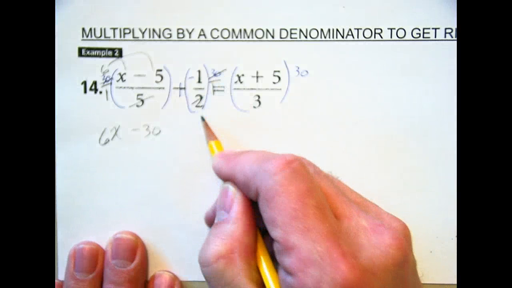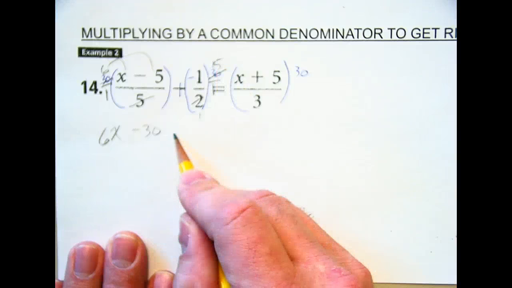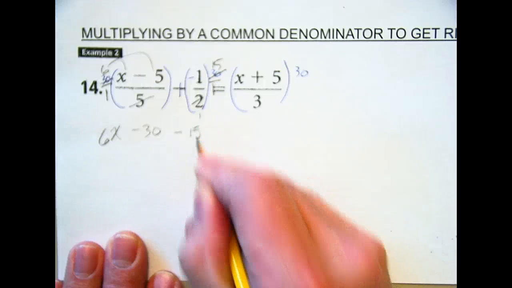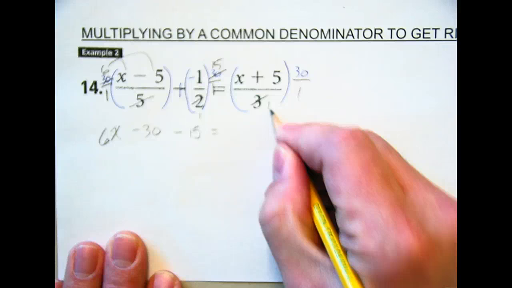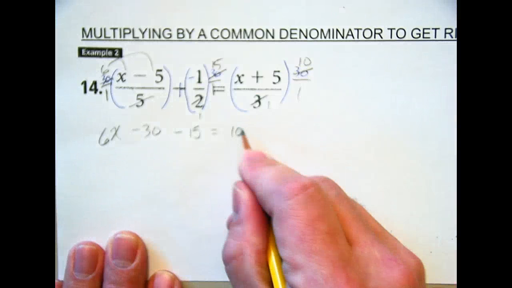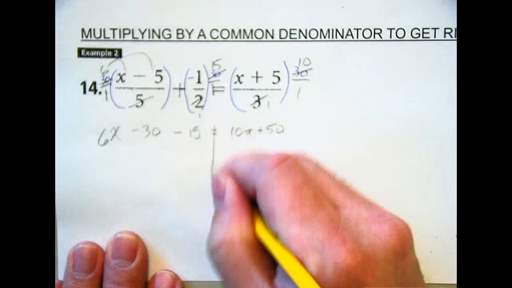We cancel the 2. What does this become? 15. So we get plus a negative 15 or minus 15 equals, think of this as a fraction. What's this become? 10. 10x plus 50. Now how many made it that far?